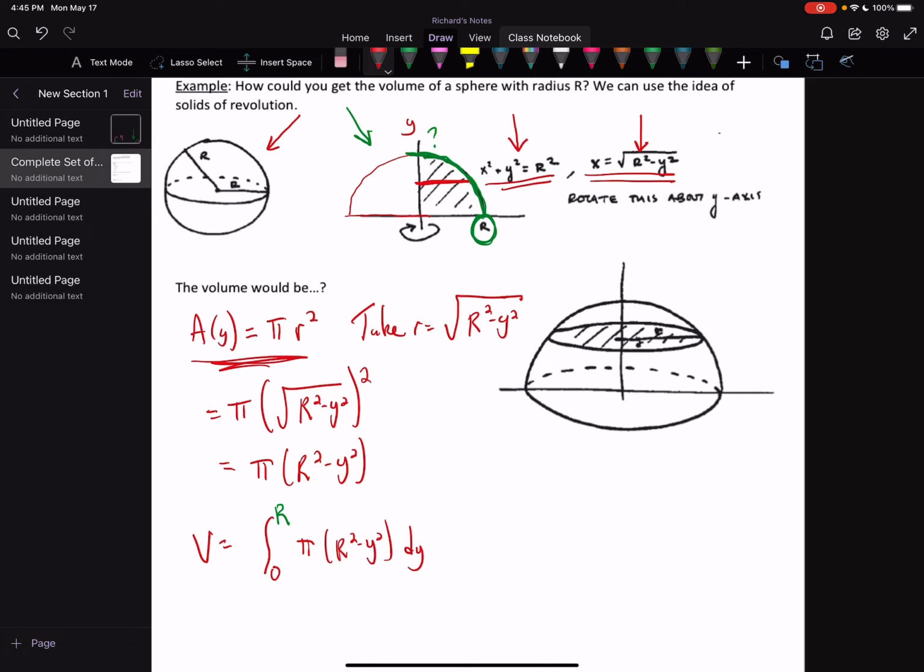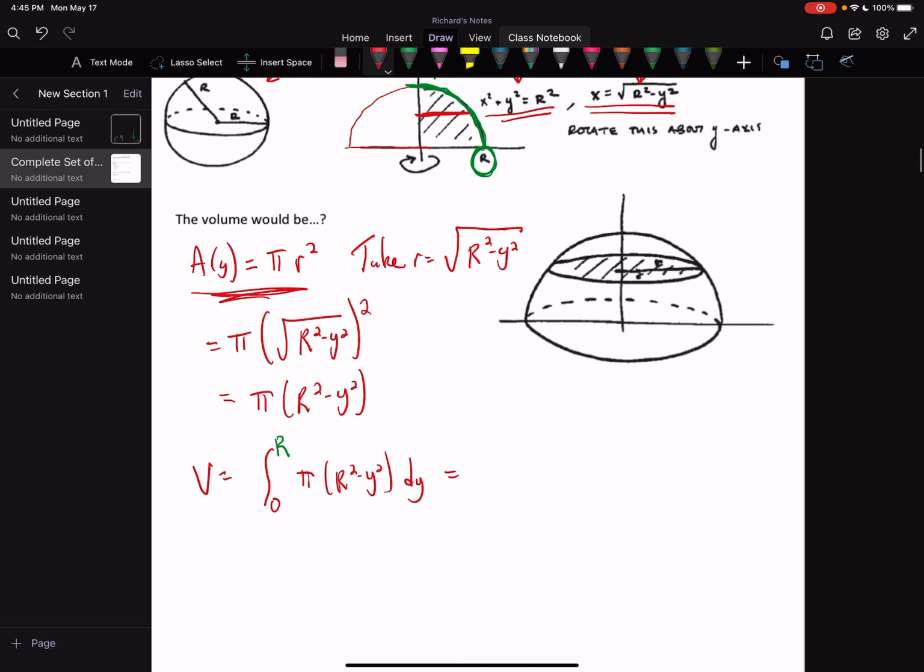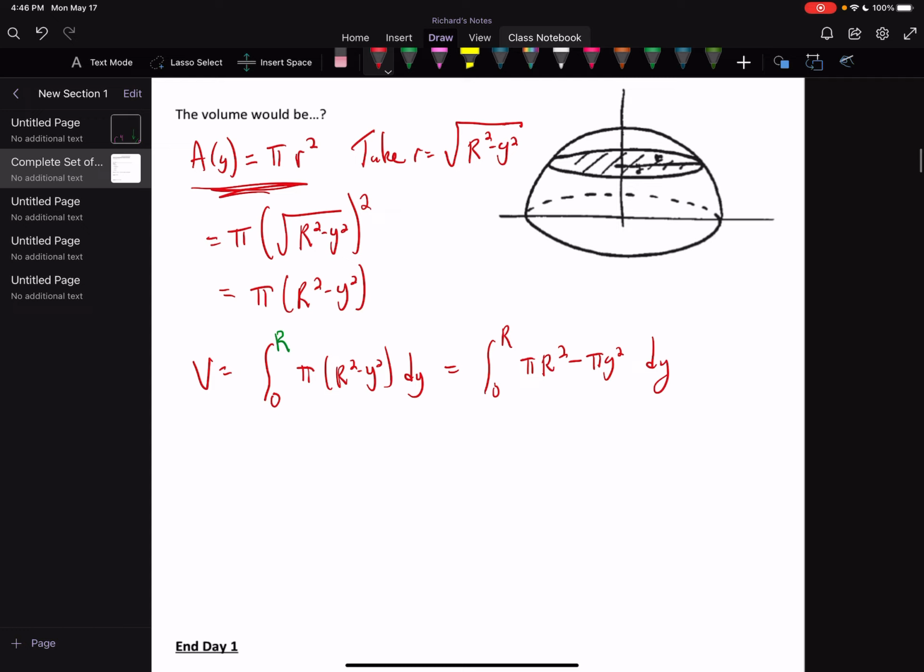All right, so what we need to do is some simplification here. So this should be the integral from 0 to R of pi R squared minus pi y squared dy. And the pi R squared, remember, is a number. Okay, that's very, very important, especially when we take the integral. Okay, so let's see what we get.